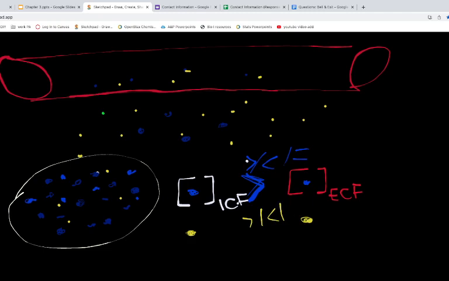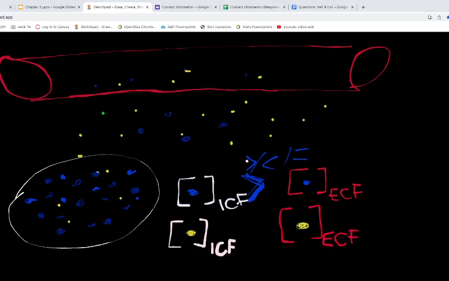I'm going to pause my screen really quick. So what do we think? Is the concentration of our yellow particle greater than, less than, or equal to the concentration of our yellow particle in the extracellular fluid? Well, which one has more?